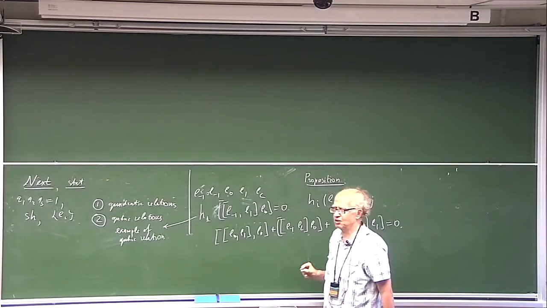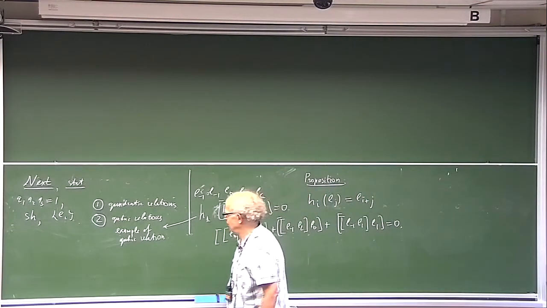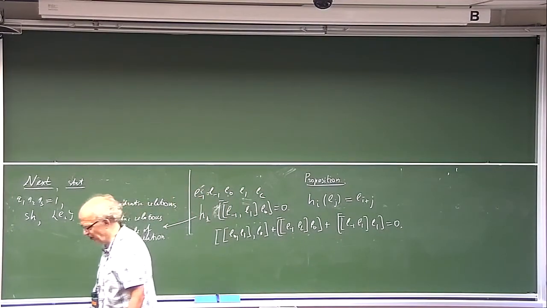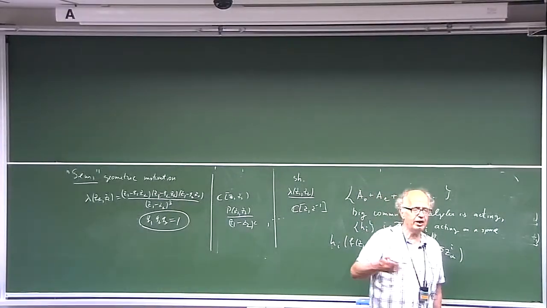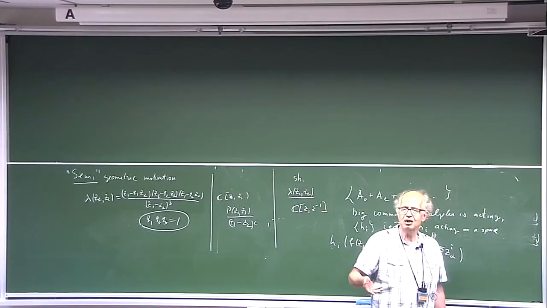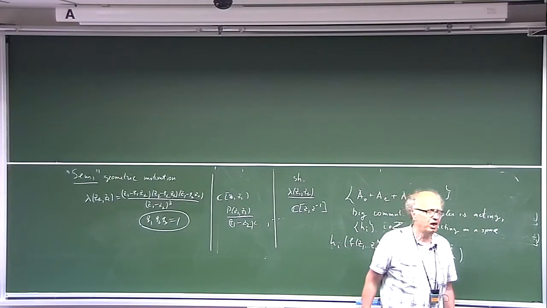And this is also 0. And so I can produce a lot of cubic relations this way. Surely I can repeat this. I can take H1 again, then apply H minus 2, and get a lot of cubic relations.